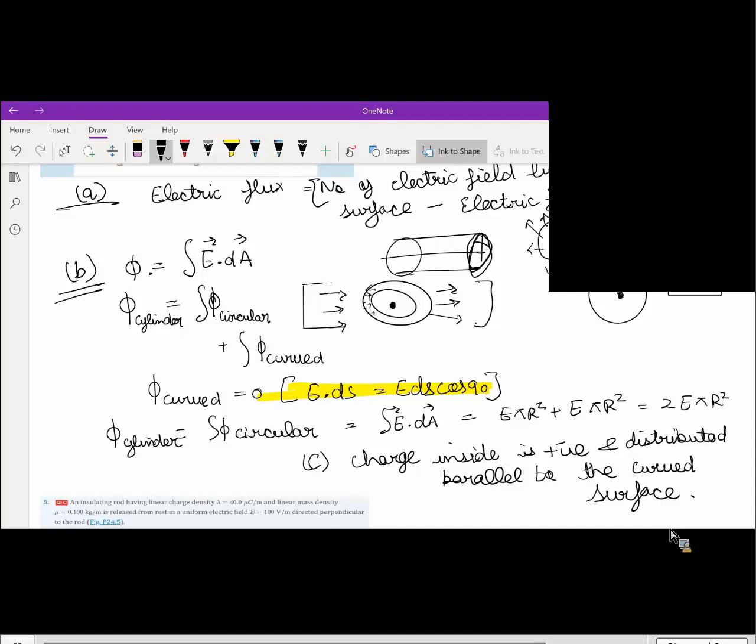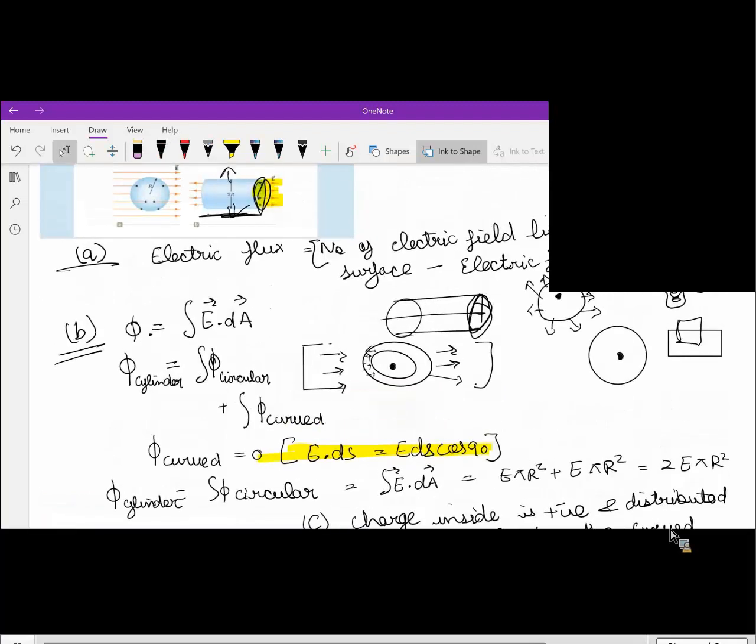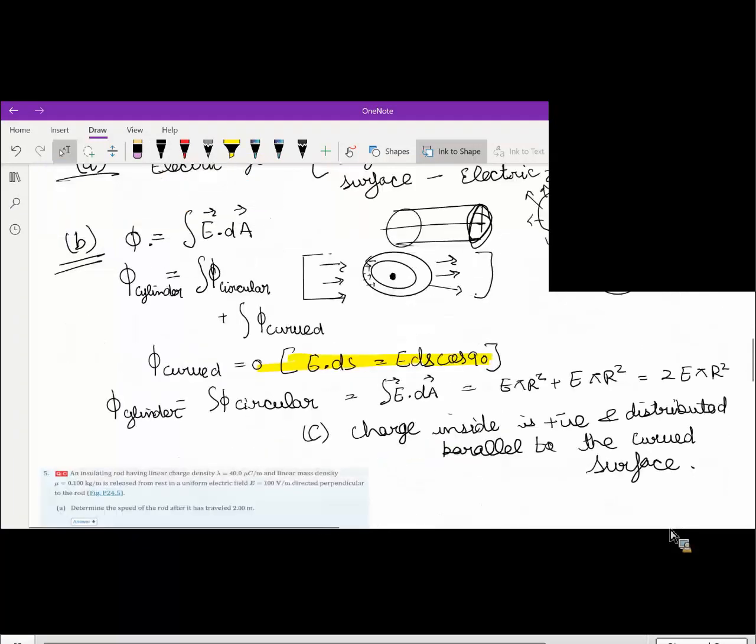How do you know the curved surface is perpendicular? Wait, where did I type it as perpendicular? Is that 2E pi r square? Yes, this is 2E pi r square. The angle is 90, so flux is 0.